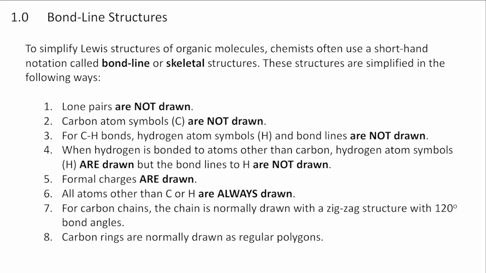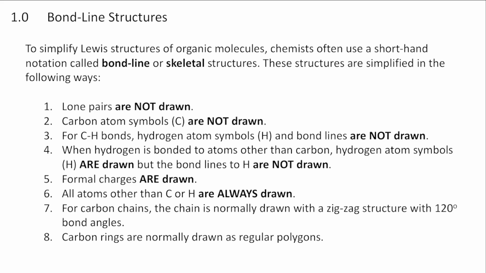First of all, we don't draw any lone pairs. We don't draw carbon atom symbols, so we won't be writing the letter C anywhere. For carbon-hydrogen bonds, the hydrogen symbols, the H's, are not shown, and the bond lines between the carbon and the hydrogen are also not drawn.